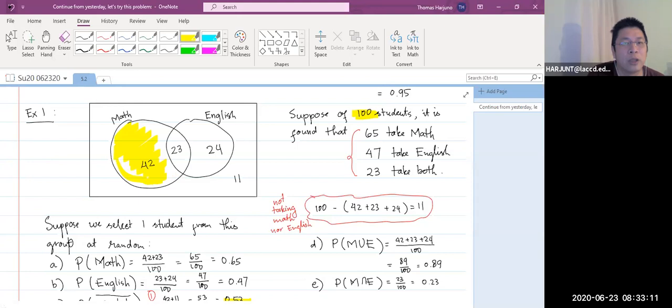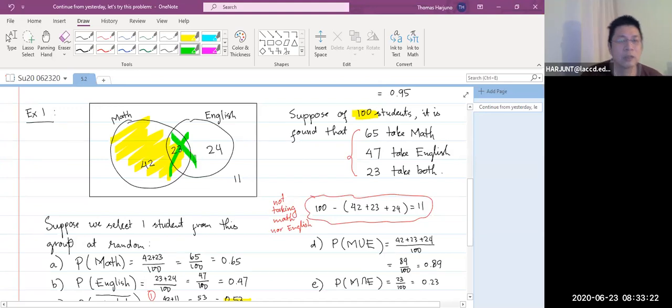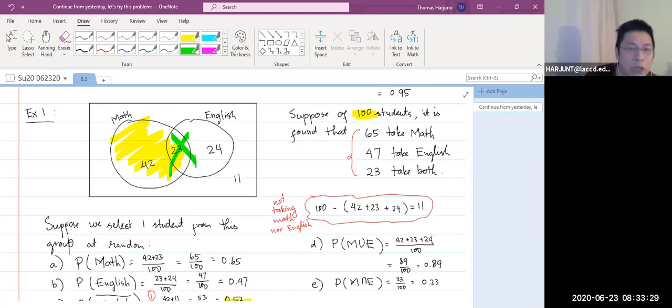Now we can say this way. We look at the math first. Okay, but we take this away. Math, and then you cut away those people who take English.